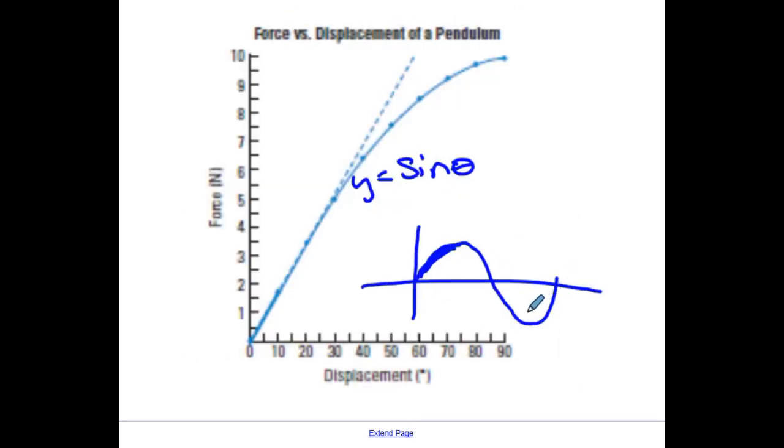And it's not actually linear. It behaves almost linear for about the first 20 degrees, though. But then a linear graph would keep going straight, and the sine graph eventually has to start turning around. And so there is not a complete direct relationship between force and displacement in this one. It's more or less direct, but it's not quite.